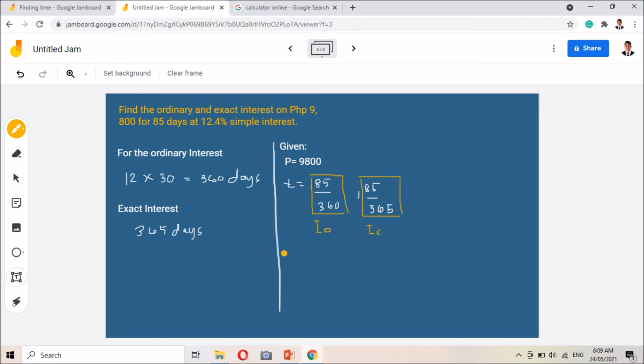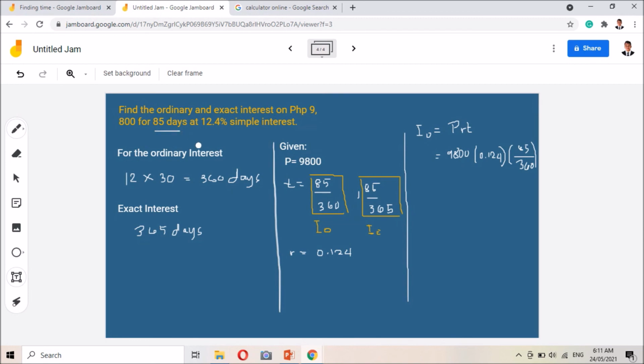Okay, so another given is the rate, which is 0.124. So the interest is 9,800 times rate 0.124 times time for ordinary interest, which is 85 over 360 days, since the given is in days.